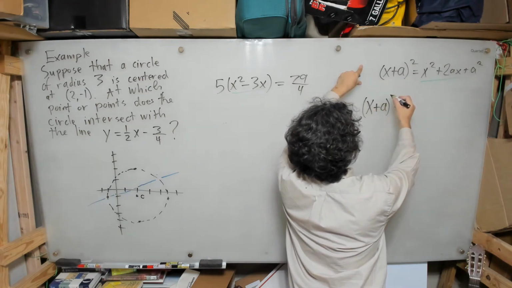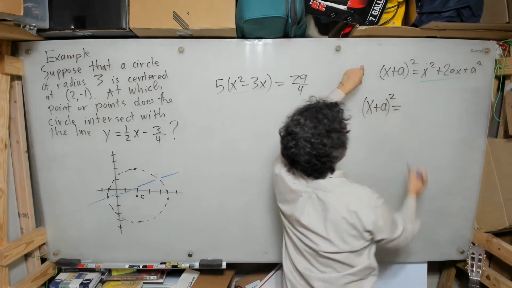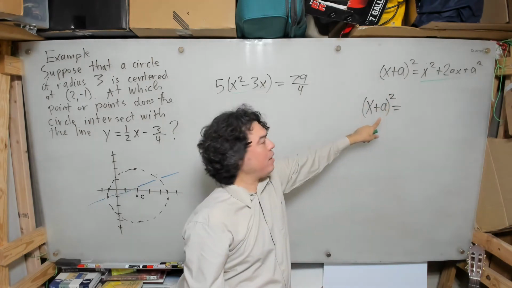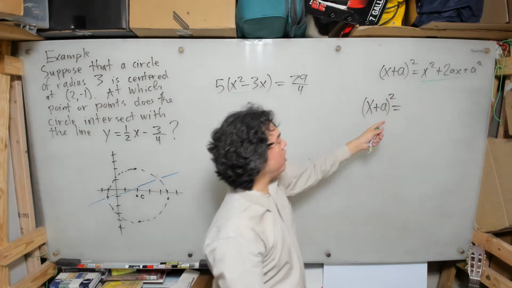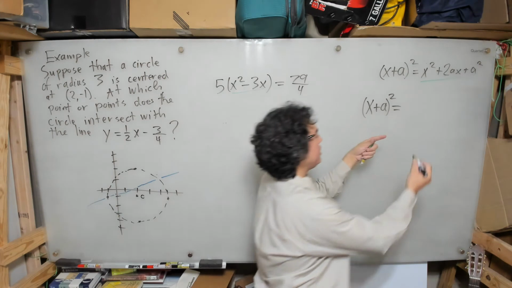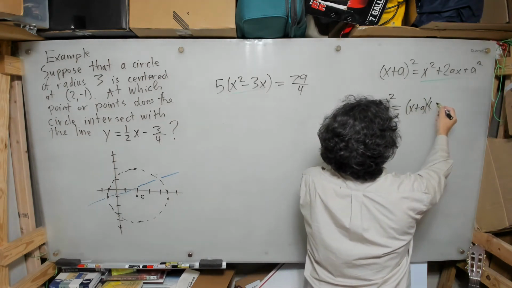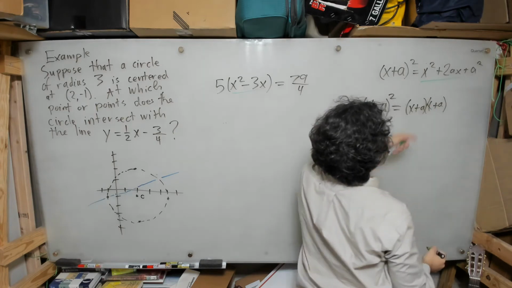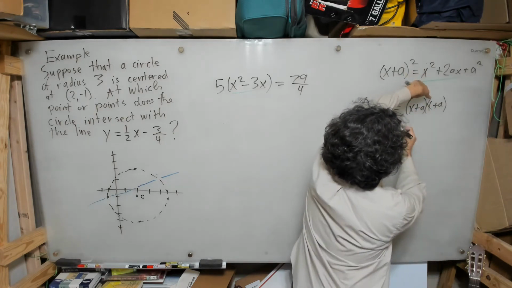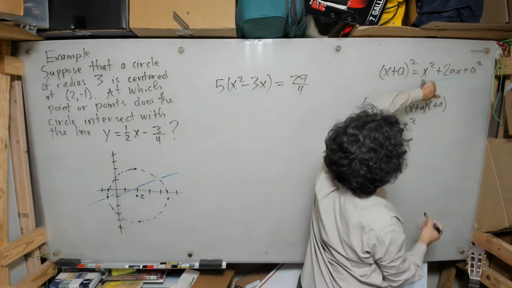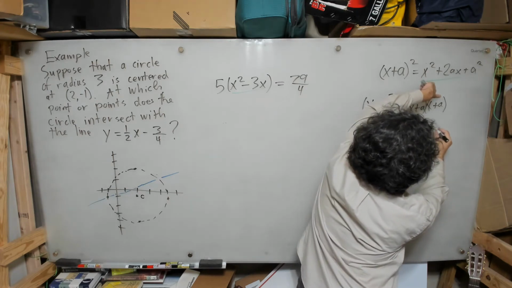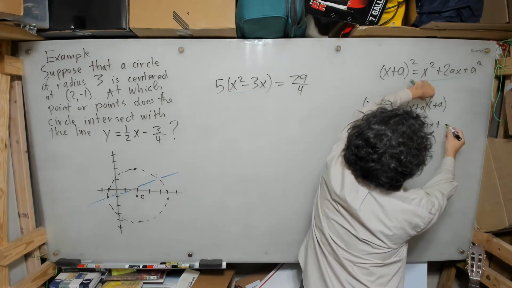I can do x plus a squared for my unknown number a, and I can just write, what is x plus a squared? Well, x plus a squared is just x plus a times x plus a, like this. Then x times x gives us x squared. x times a is plus ax. Then a times x is plus ax again.